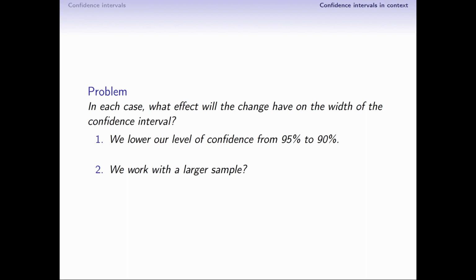Okay, let's think about situation 1. We lower our level of confidence from 95% to 90%. Now, I hope you've come to the conclusion that this should have the effect of making the confidence interval narrower. One way to think about this is to think about the parameter of interest as a fish out in the water ahead of you.